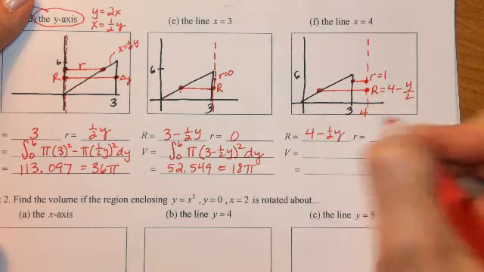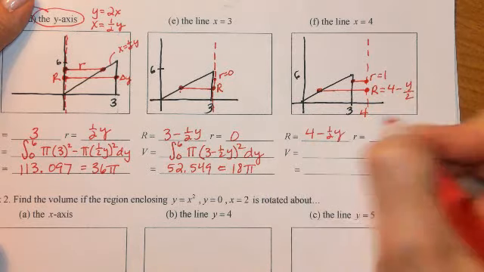So our volume is the integral from the lowest y value, which is 0. What was that highest y value? That highest y value was 4, right? Because that point was (2, 4). So we're going up to 4. Okay? And pi times big R squared minus pi times little r squared dy, dy this time. Okay, this turns out to be 25.133, which is 8 pi.